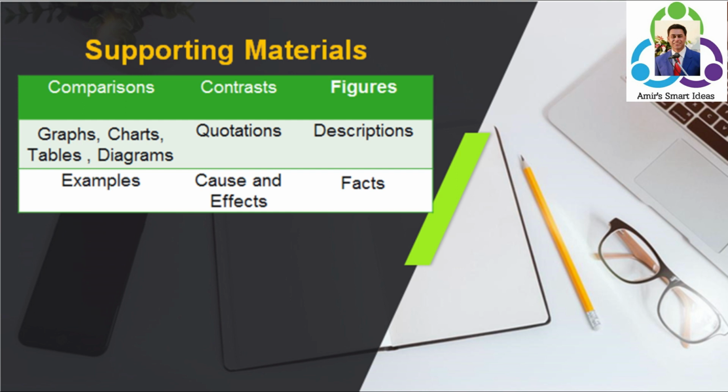Descriptions are the supporting materials. Examples are the supporting materials. Causes and effects given in the paragraph would be termed as the supporting sentences, and facts can be called the supporting sentences. So the sentences that convey the senses of comparison, contrast, figures, graph, charts, tables and diagrams, or quotation, description, example, cause and effects, and facts are going to be called the supporting materials for a paragraph.